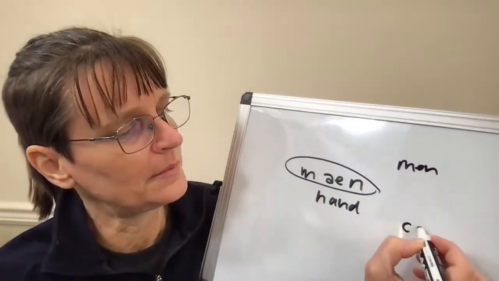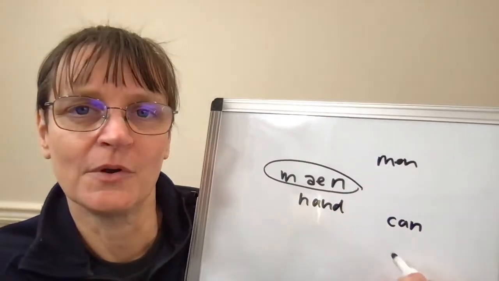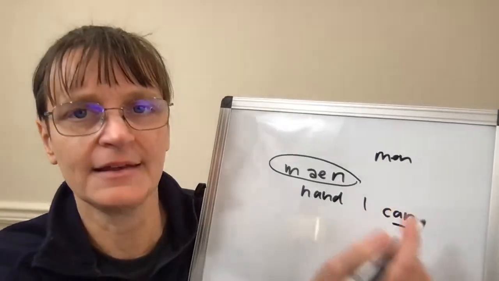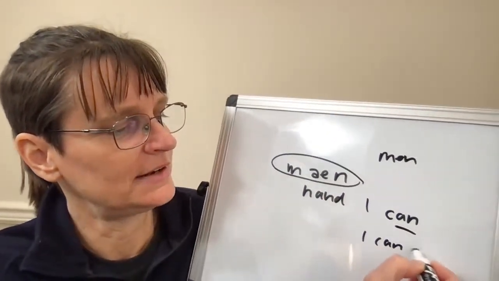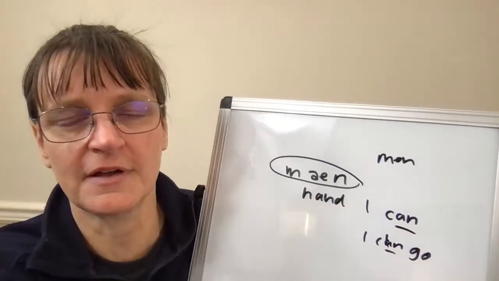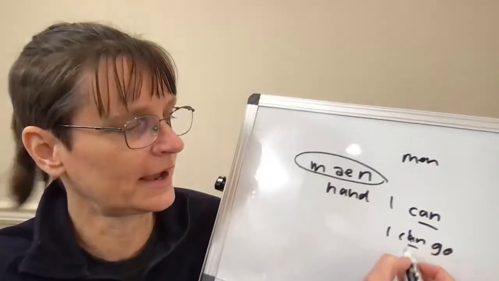Another thing to point out regarding that topic is that on the word can, if I'm stressing it like I can, then I'm going to use this ah vowel. But if I'm saying it as a helping verb, I don't really use that vowel. I don't say I can go. I say I can go. I can go.